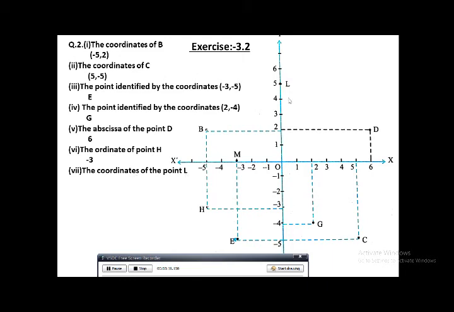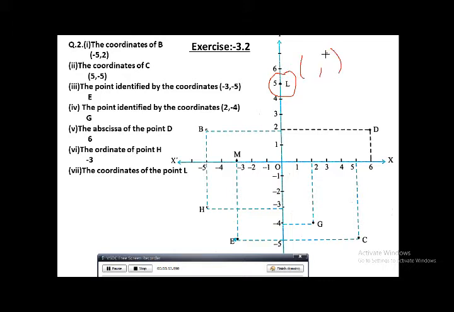The coordinates of the point L. Where is point L? This one. Students, you can see point L is here. Now point L lies on the y-axis. This line is the y-axis, and I have already explained that any point which lies on the y-axis has x coordinate 0. The point will be in the form x comma y.